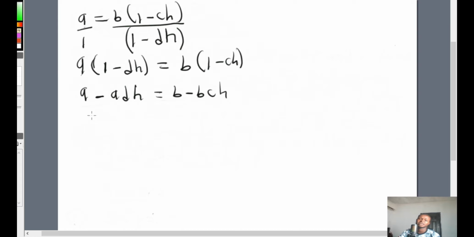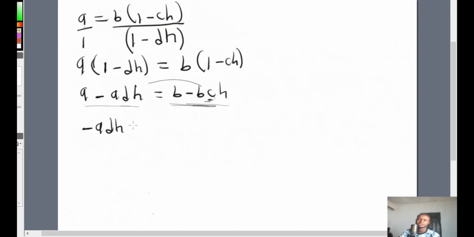We collect the like terms here. Obviously we can make all the h to be on one side, and we make all the remaining variables to be on the other side. So here I'm going to have minus adh, and this guy here is coming to the other side.